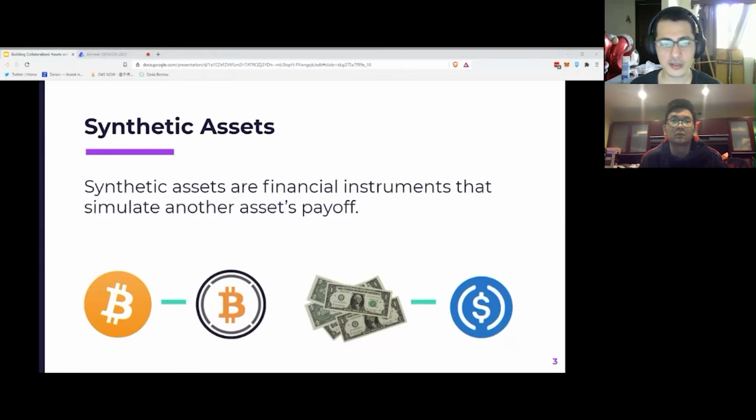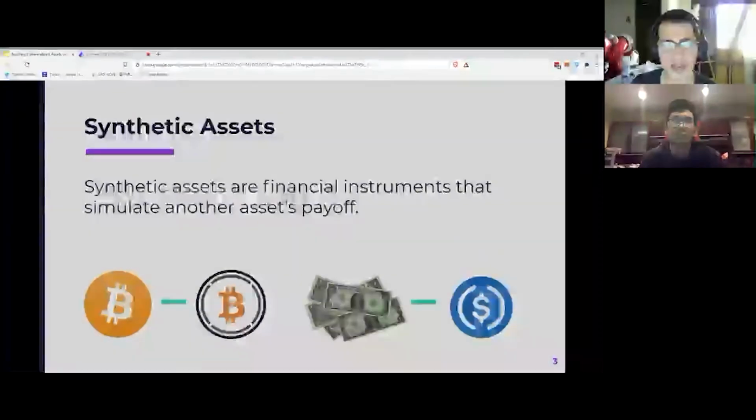You don't actually have a BTC, you have Bitcoin that is held by another company that wrapped it. And the same is for USDC, DAI, or any stablecoin. You don't have the real USD. What you have is a token that represents that you have a USDC. So that's why they are called synthetics, because pretty much they are not fake, but you could say it's another layer on top of the real asset.